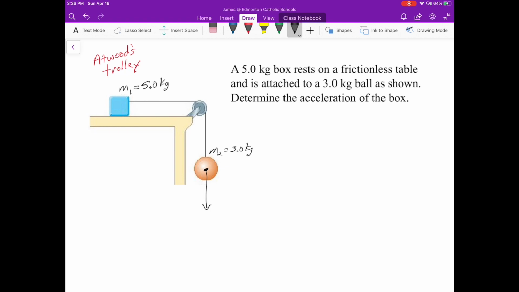Okay, so let's find out what that force is going to be. We're going to call this Fg2, the weight of ball 2. So 3.0 kilograms, 9.81 meters per second squared. You get that to be 29.43 newtons.